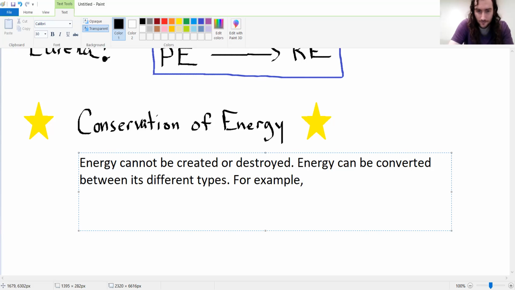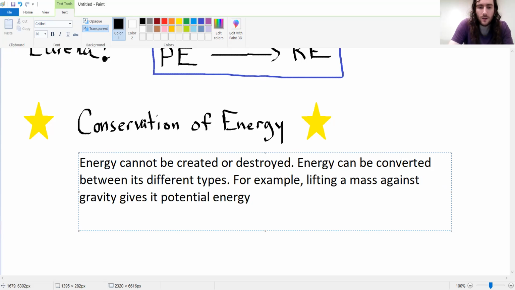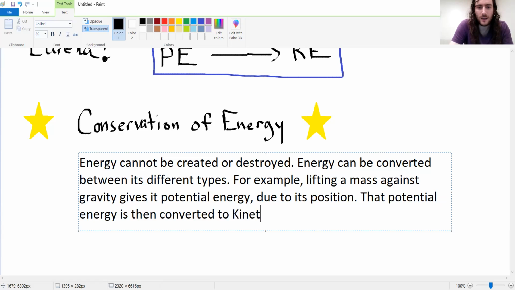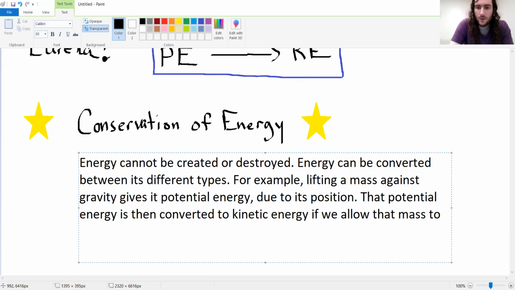So like, for example, lifting a mass against gravity gives it potential energy due to its position. That potential energy is then converted to kinetic energy if we allow that mass to fall under the influence of gravity.